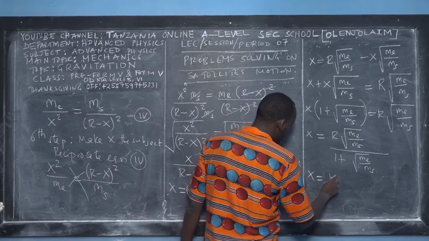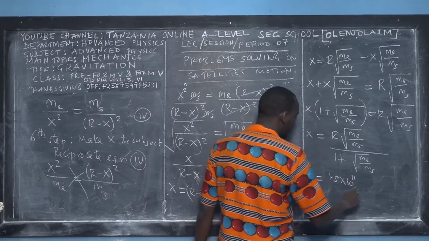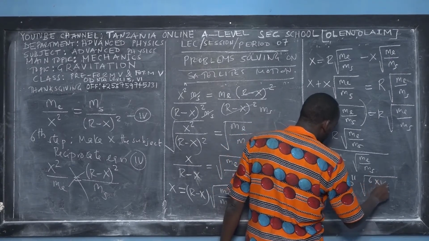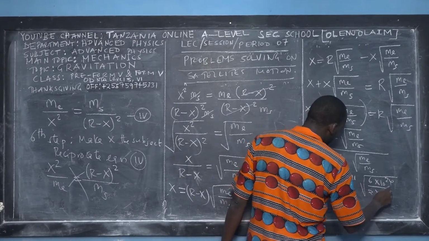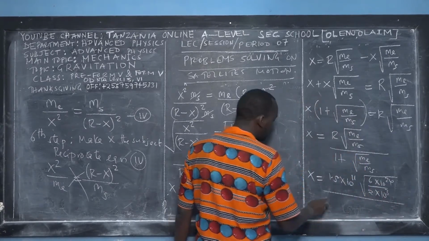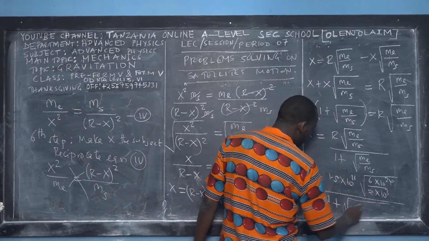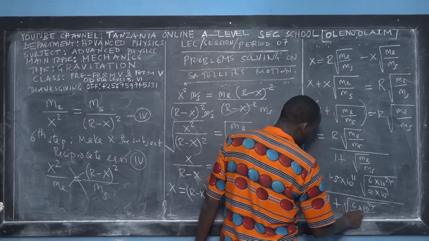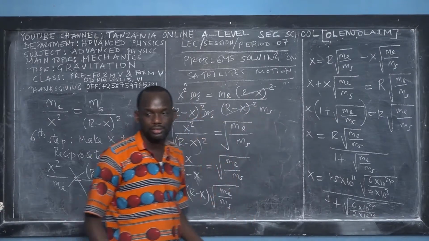R is 1.5 exponent 11 meter, the mass of the Earth is 6 exponent 24, and the mass of the Sun is 2 exponent 30, divided by 1 plus the square root of 6 exponent 24 over 2 exponent 30, and we'll get x.